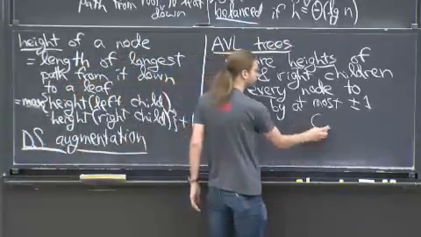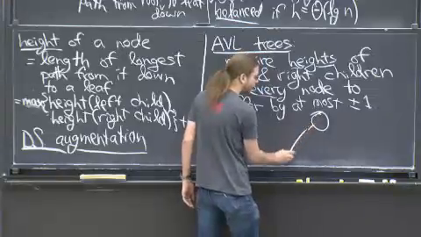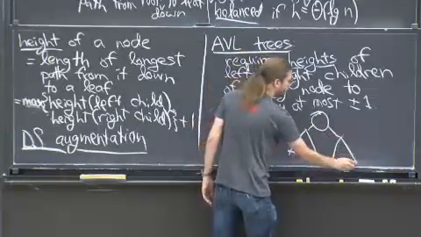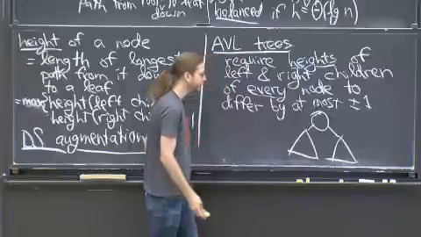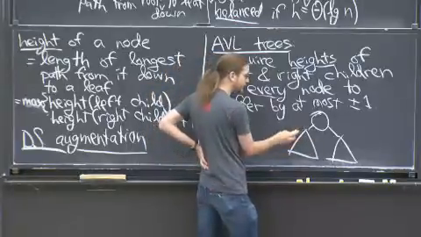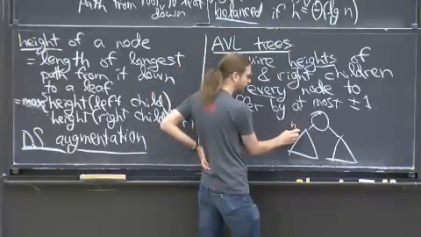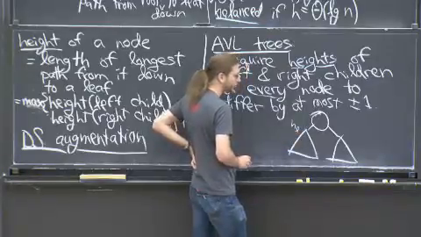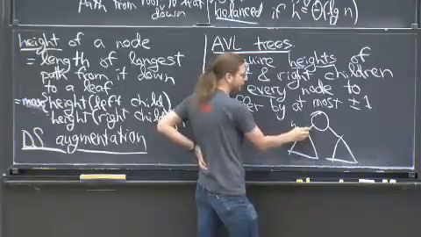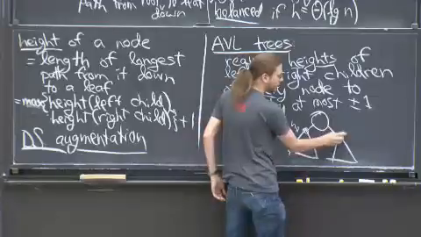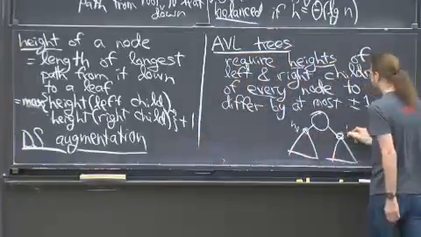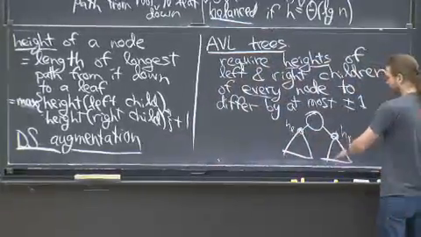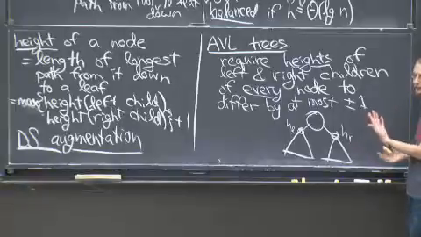So if we have a node, it has a left subtree, has a right subtree, which we traditionally draw as triangles. This subtree has a height. Call it H_L for left. By the height of the subtree, I mean the height of its root. And the right subtree has some height, H_R. I've drawn them as kind of the same, but in general, they might be different.